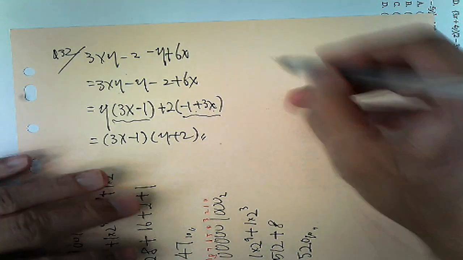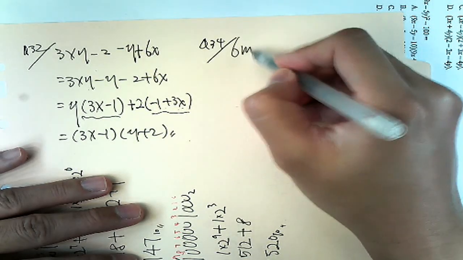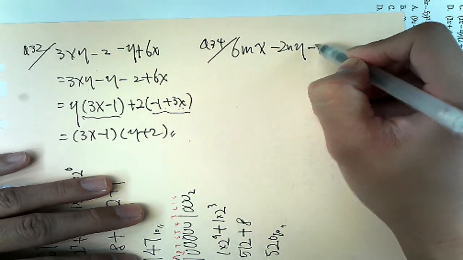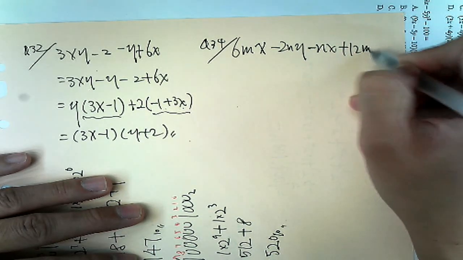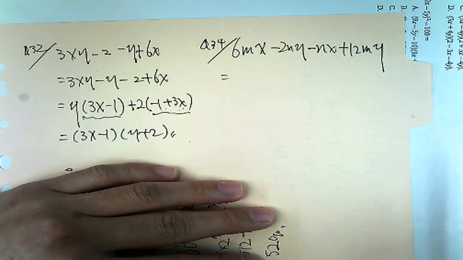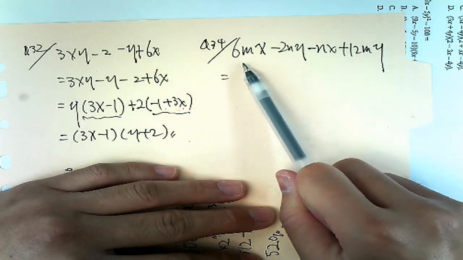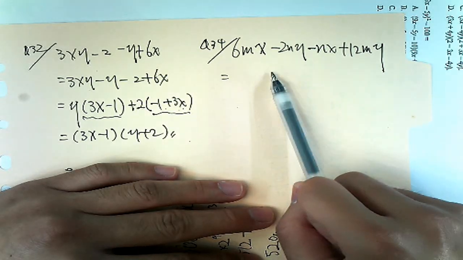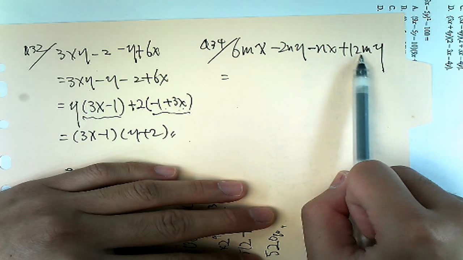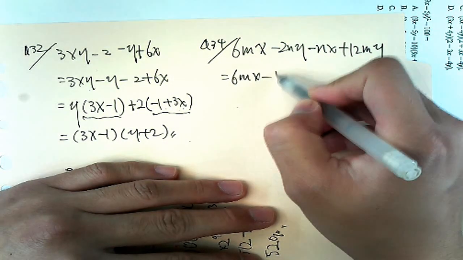So next we go to 34. Copy out 6mx - 2ny - nx + 12my. Look at the first two terms. Can we pull out anything? You can pull out 2 actually. But what you get is 3mx - ny. You cannot do that here. So better you change the order of these two.